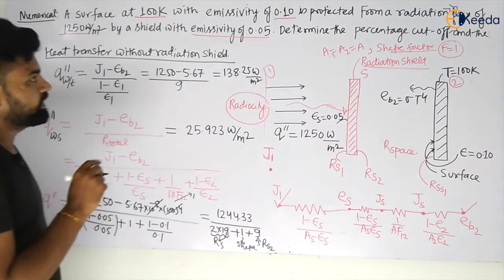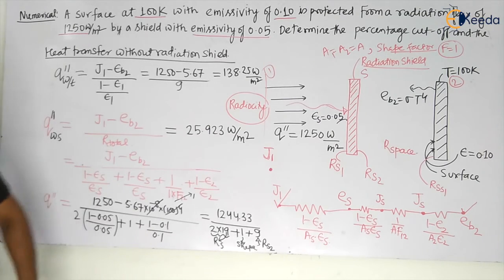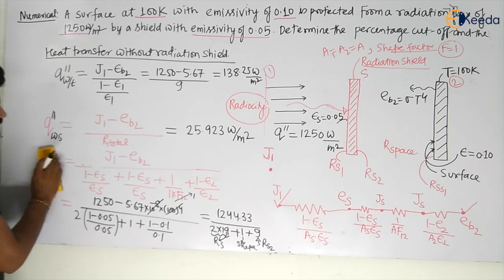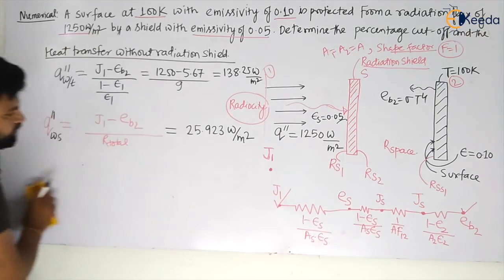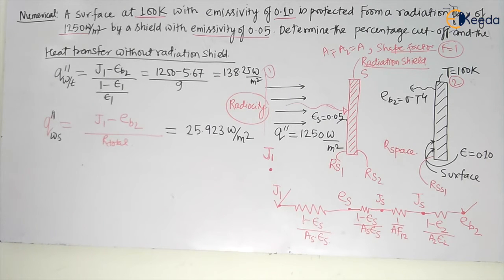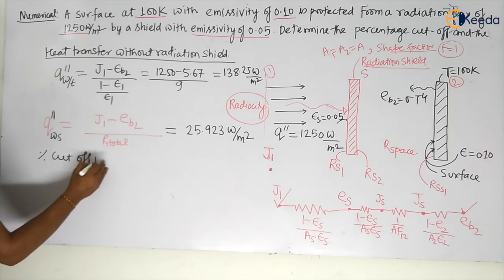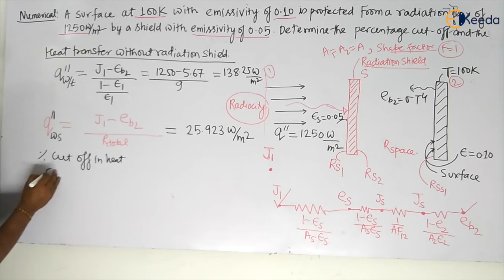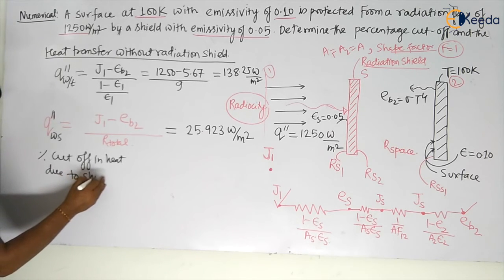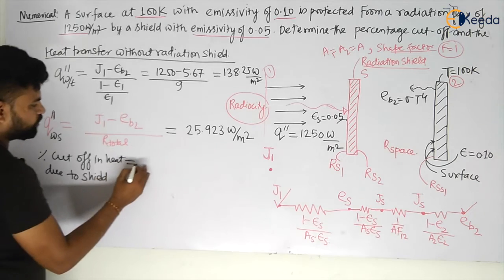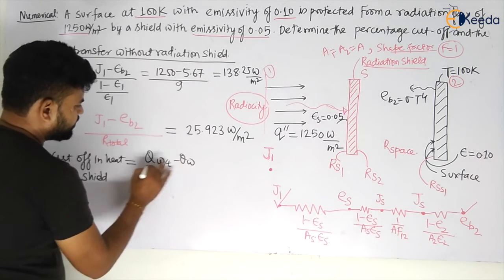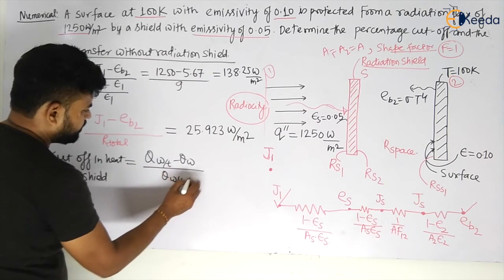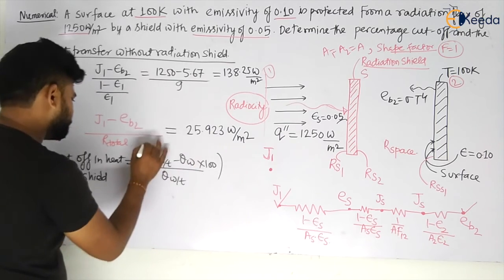So let us calculate the percentage cutoff. What will be the percentage cutoff, my dear students? The percentage cutoff in heat due to shield will be equal to Q without shield minus Q with shield, divided by Q without shield, multiplied by 100.